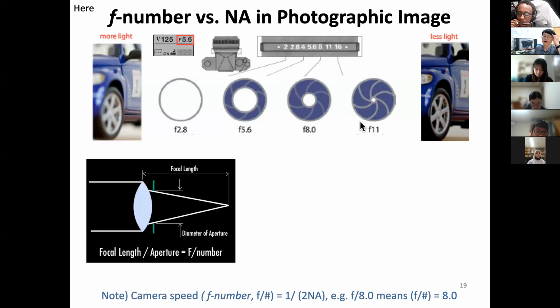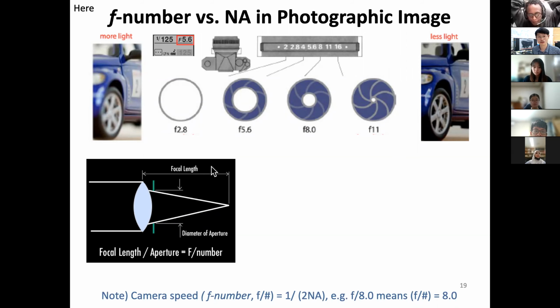Okay, so if you are a camera developer or lens designer, how would you define your parameter? Let's try to come up with an idea for how to define F number. That F means focus. Of course, there's a lens. Your camera lens, you can consider as one lens, and there's going to be a focal length.